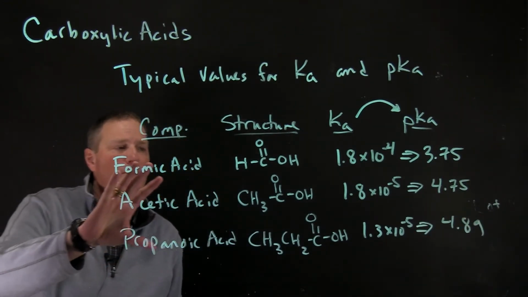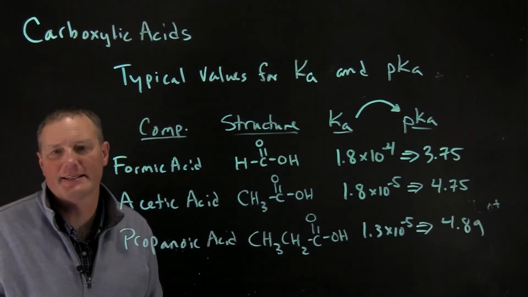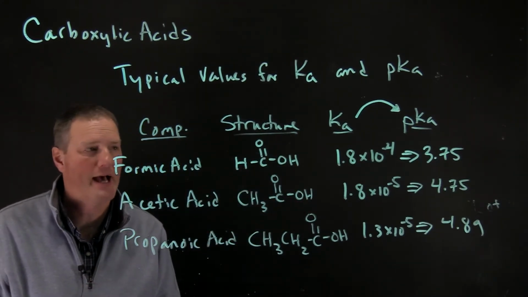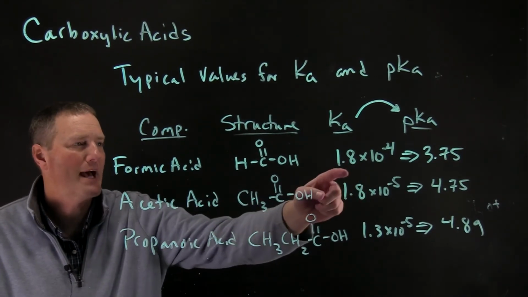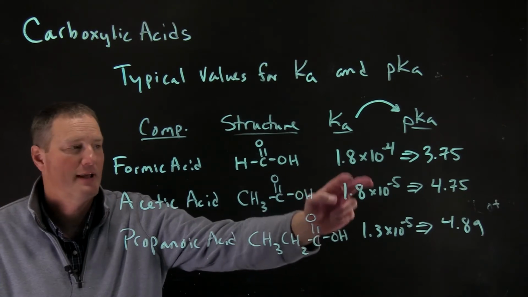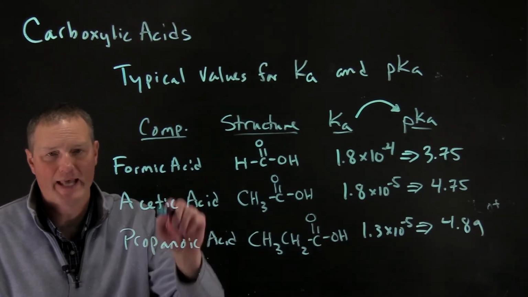Now, we can address which of these acids is a stronger acid and which is a weaker acid. Because the Ka value of formic acid is larger than these two, this one is the stronger of all these acids.